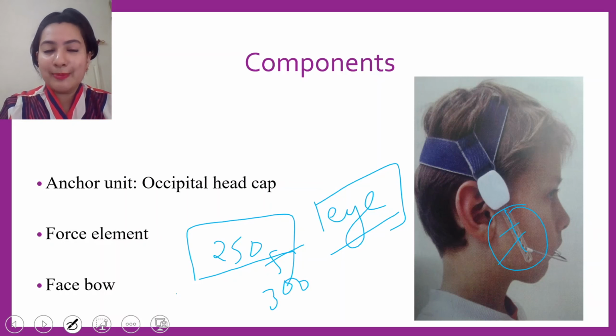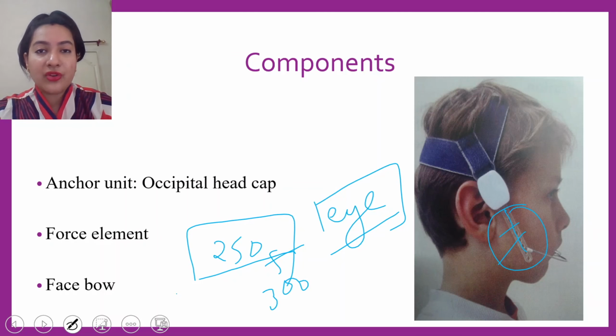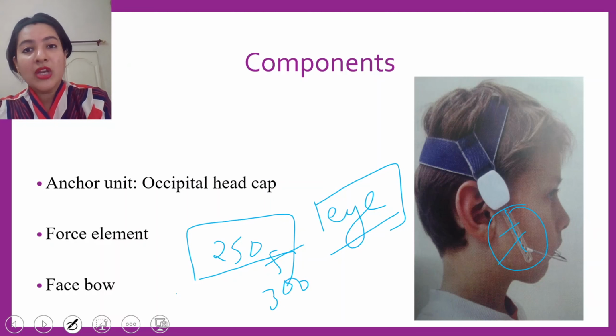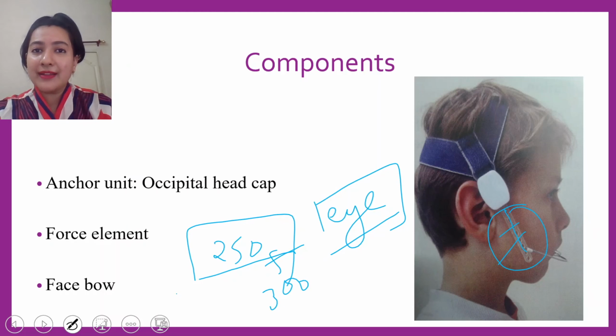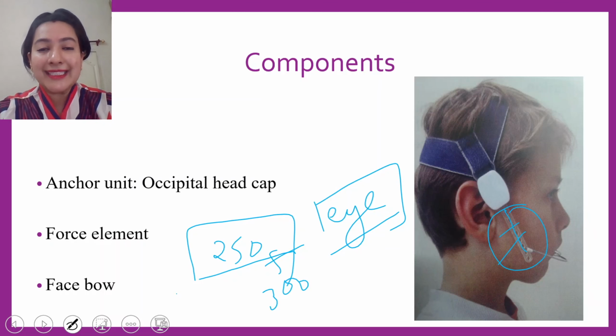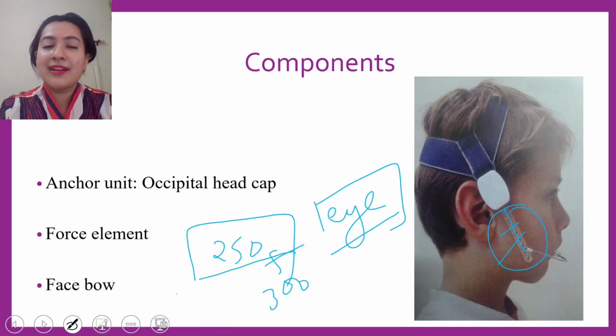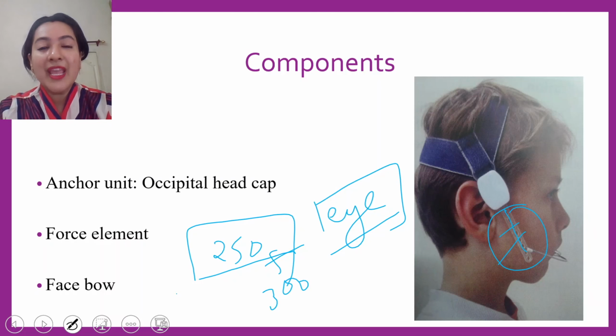While you are removing the appliance, you have to be very careful and hold it from one side and remove it from the other so that it doesn't snap and get inserted into your eyes. Studies have shown that injuries can occur if headgear is not worn properly or if it is mishandled, and the most common injuries are seen in the eye.